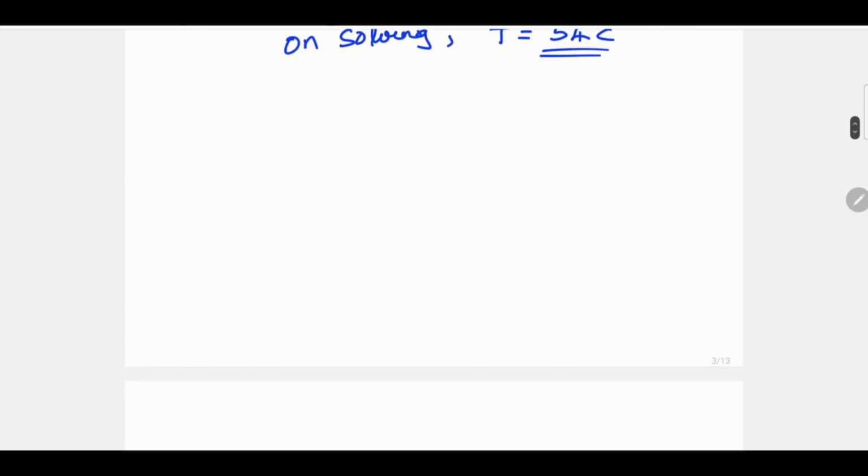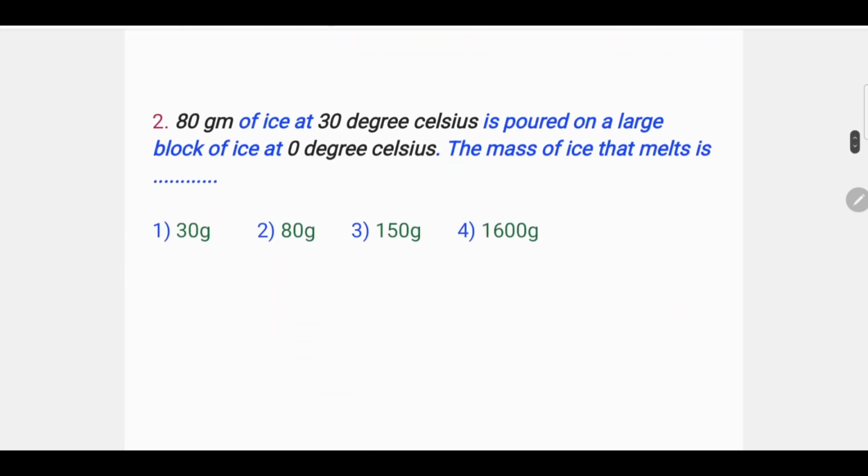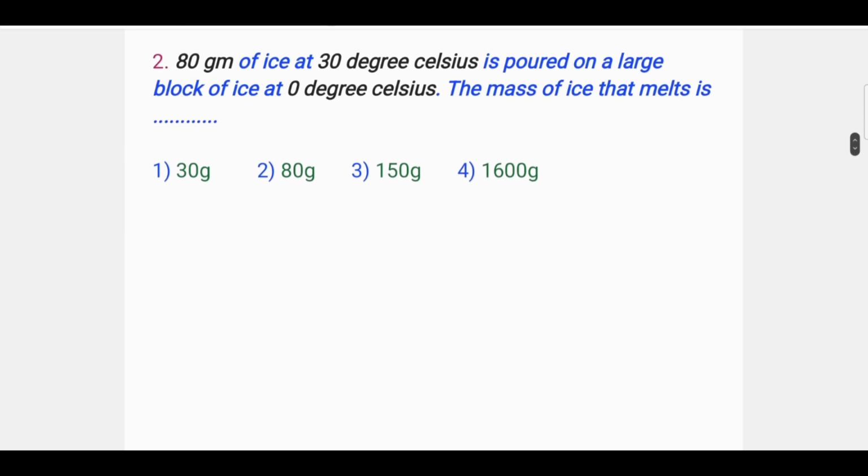Now we can move on to the second example. 80 gram of ice at 30 degrees Celsius is poured on a large block of ice at 0 degrees Celsius. The mass of the ice that melts is. Here we have to note this point: large block of ice, and we know that ice is at 0 degrees Celsius.